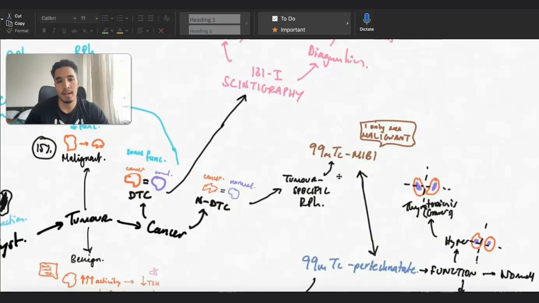So it only recognizes the cancerous cells more than the other normal cells. So it only sees malignant tissue. So when you see the scan results, you'll see hot spots for the cancerous part and cold spots for the normal part. So this will tell you that there's a tumor going on.